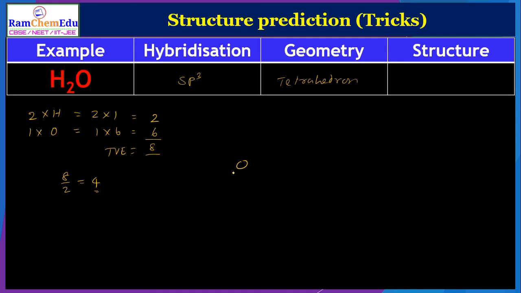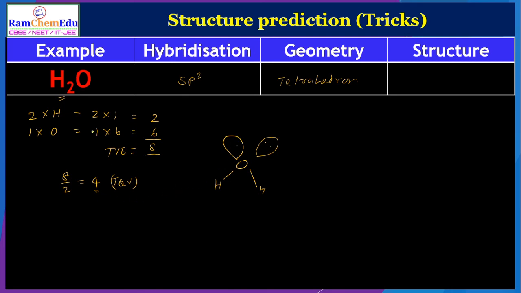Oxygen is the central atom and here the total quotient value and the number of surrounding atoms are not equal. We have only 2 hydrogens, so 2 places we can fix with hydrogen. The remaining 2 places of these 4 we can fix as lone pairs. So the total quotient value is nothing but the number of bonding sites we have to put.